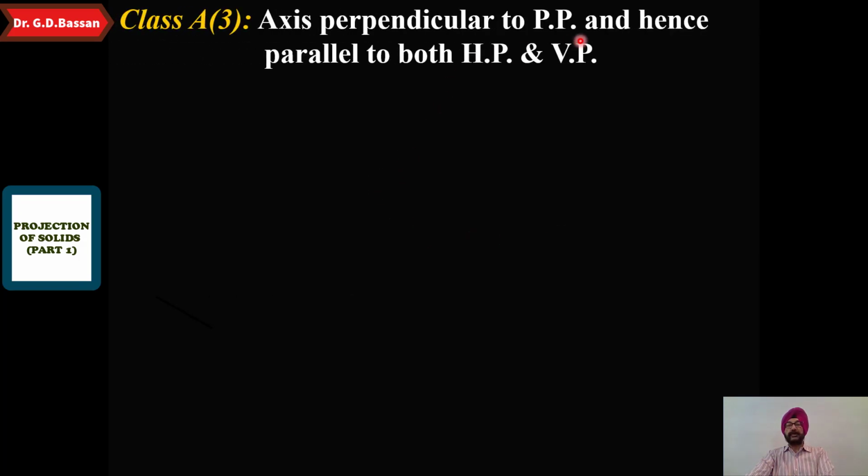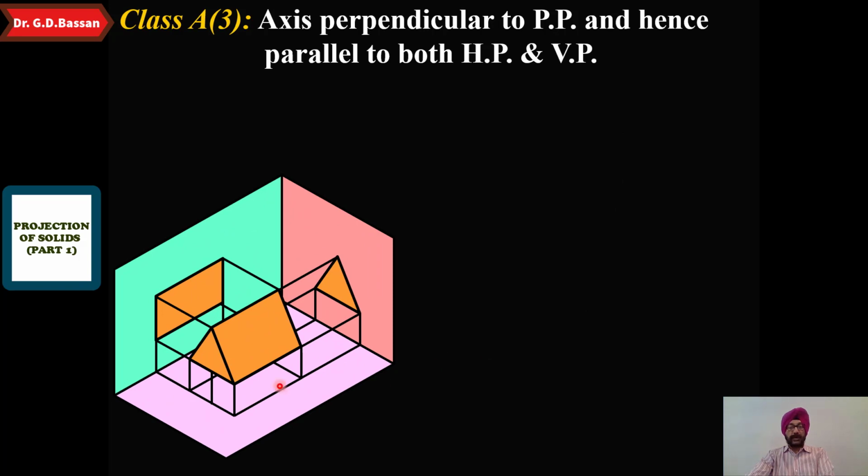In the third case, we take the axis perpendicular to the profile plane, hence parallel to both HP and VP. So here, this solid is a triangular prism. Okay, and in the triangular prism, we are keeping the axis perpendicular to the profile plane, and we are drawing the XY line here because in this case you get the actual shape of the base in the profile plane.